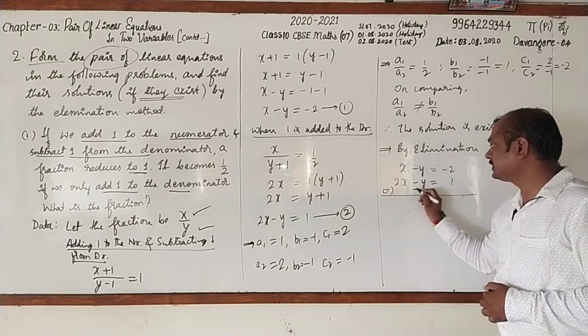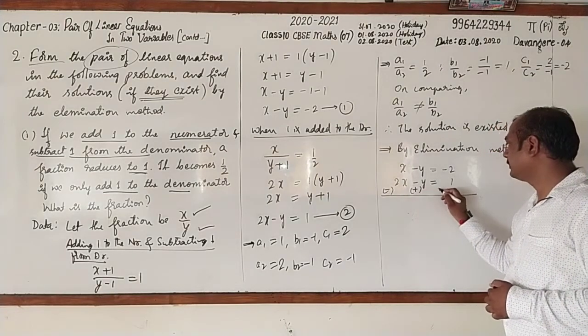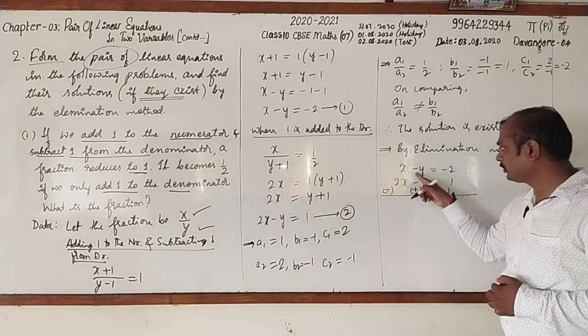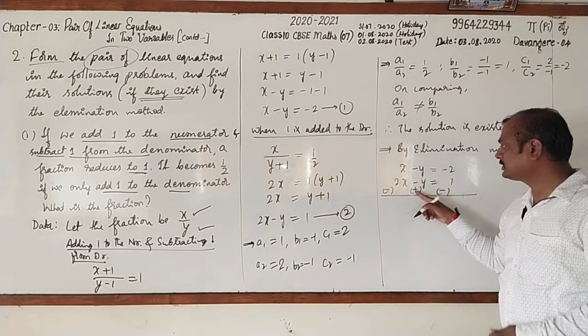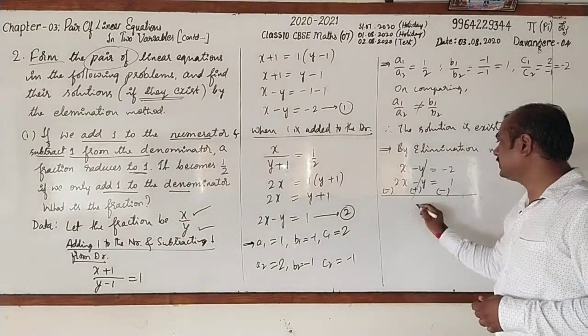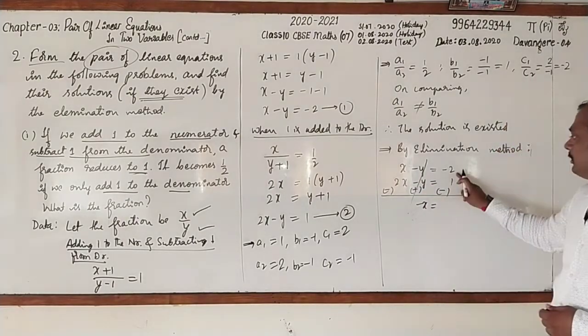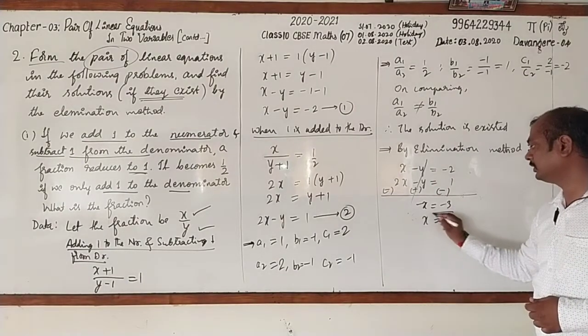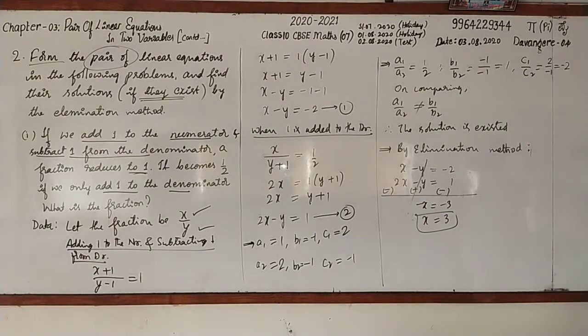Just change the sign. Here minus y, here also minus y. Coefficients are the same, hence we change the sign. These two get cancelled. x minus 2x is minus x. Minus 2 minus 1 is minus 3. x equal to 3. Hope that you have understood.